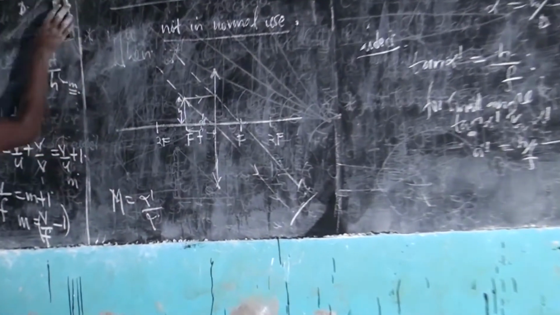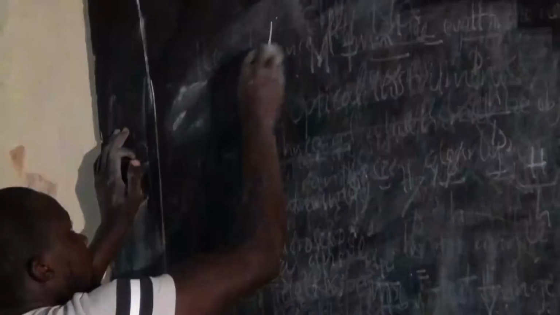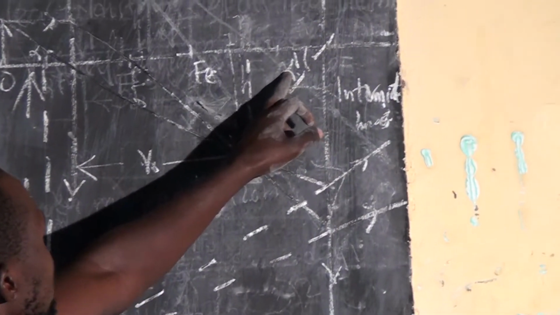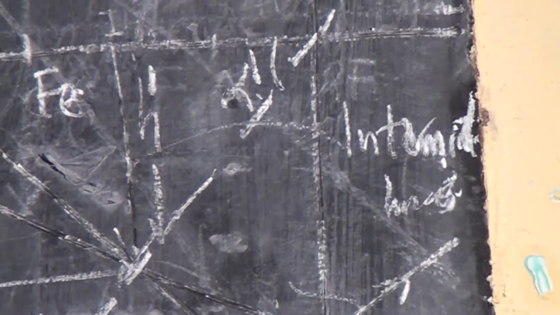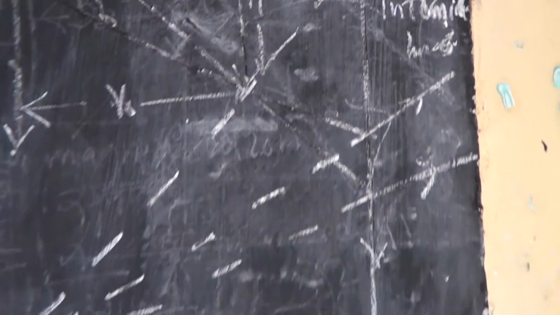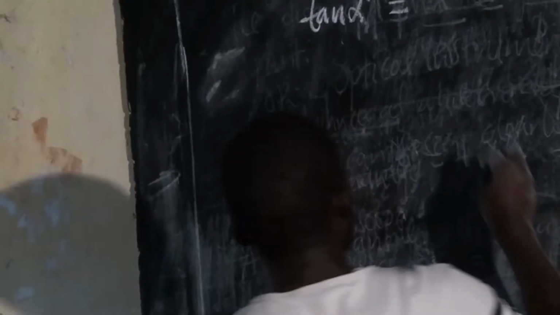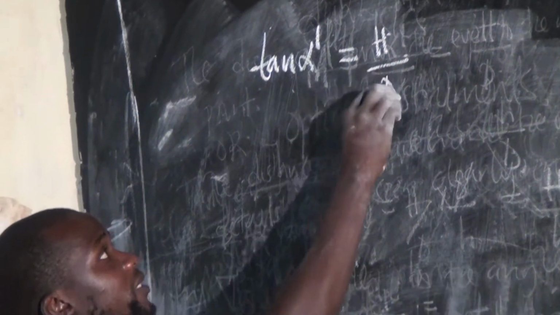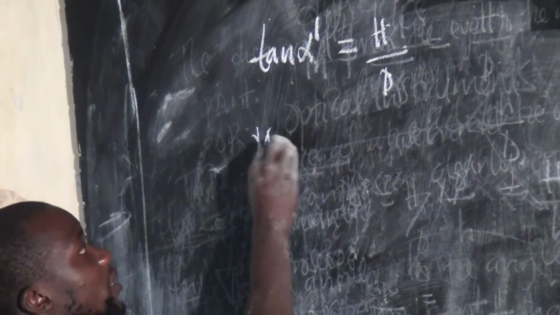Now, how will you find alpha prime? The tan of alpha prime, just look at it from the instrument here. Alpha prime gives us opposite, which is capital H, and then adjacent, which is D. Capital H over D. So someone wants to find the magnification.